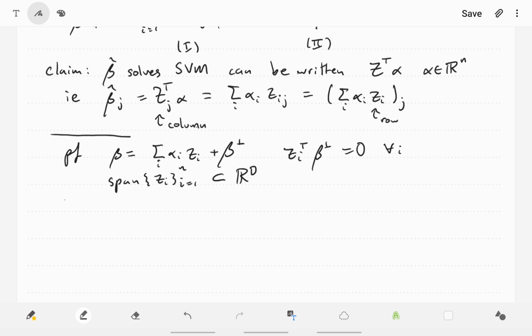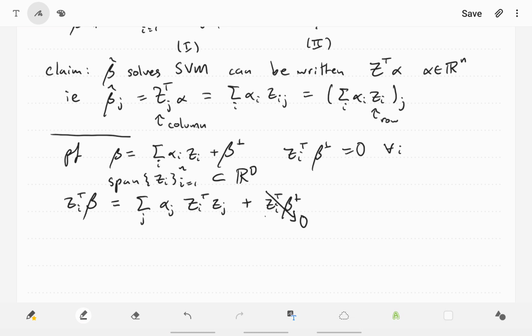Okay, so let's look at what zi transpose beta is. If we write it out in this form, this is the sum over j, let's expand out our new form of beta, of alpha j times zi transpose zj, where these are rows of Z, plus zi transpose beta orthogonal, but again, this is equal to 0, just because of the way that we selected the orthogonal component of beta.